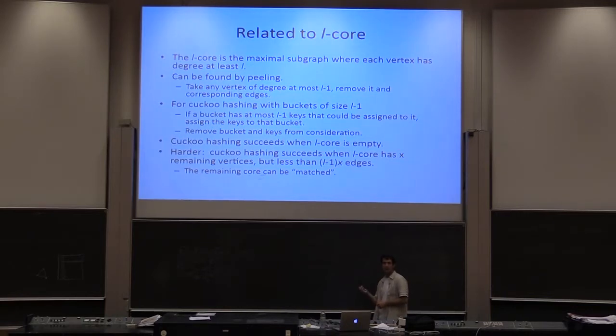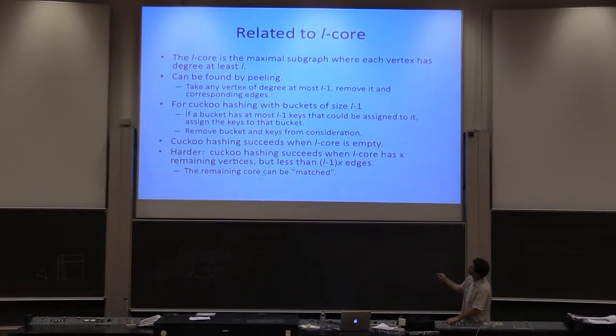That peeling process may sound familiar from the IBLT data structure from yesterday, where we were really finding the 2-core. We kept removing things of degree 1 as much as possible, and we were hoping that we would get an empty 2-core.